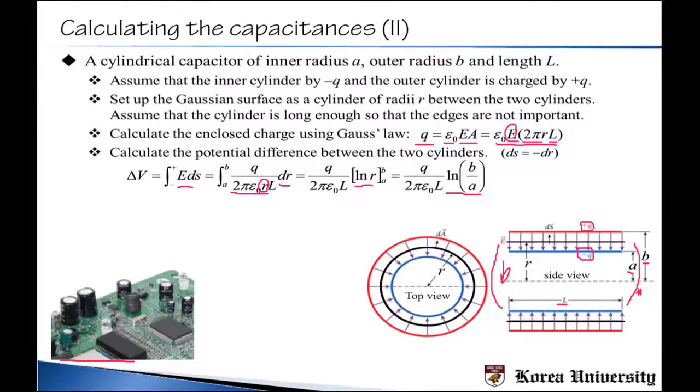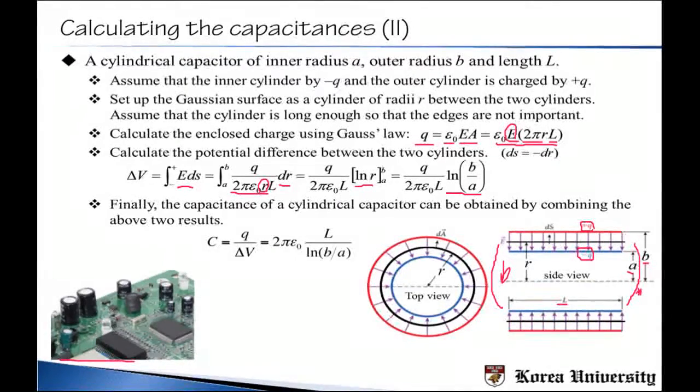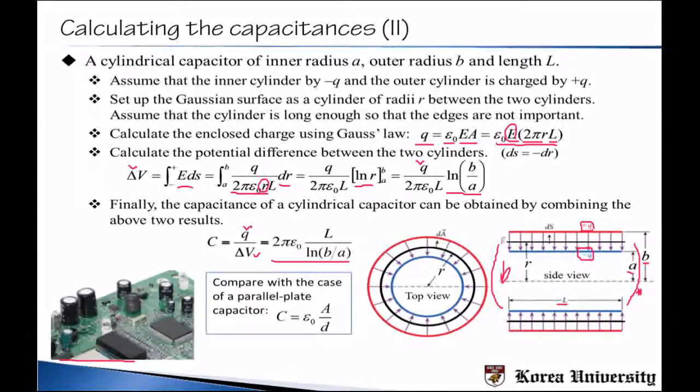And then finally, let's put it back into the definition of the capacitance. We need Q and delta V, which are already here. So by summarizing it, this is the capacitance of the cylindrical capacitor. It certainly looks different from the capacitance of the parallel plate capacitor, right?